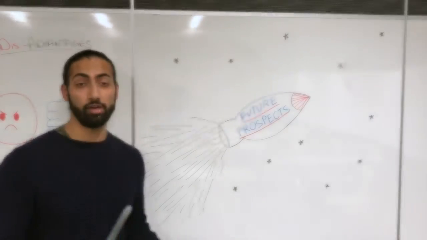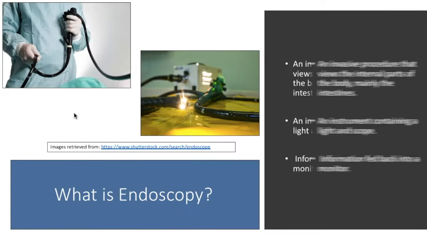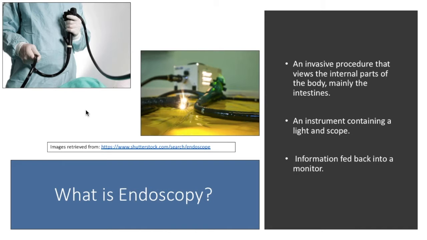improved and further developed. Hi guys, my name is Isnid Nawi and I'll be speaking about the current endoscopy used in hospitals nowadays, what it is and how it works. So basically, an endoscopy procedure is an invasive procedure that is used to view the internal parts of the body, mainly the stomach and the large intestine.